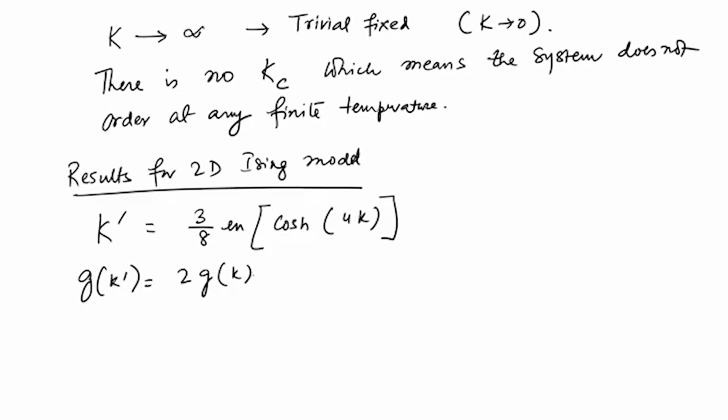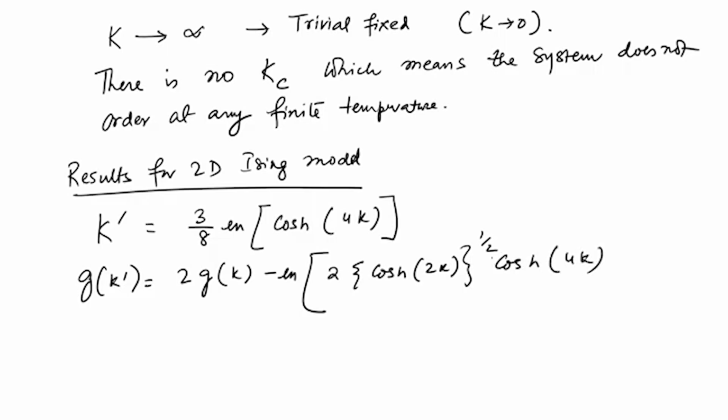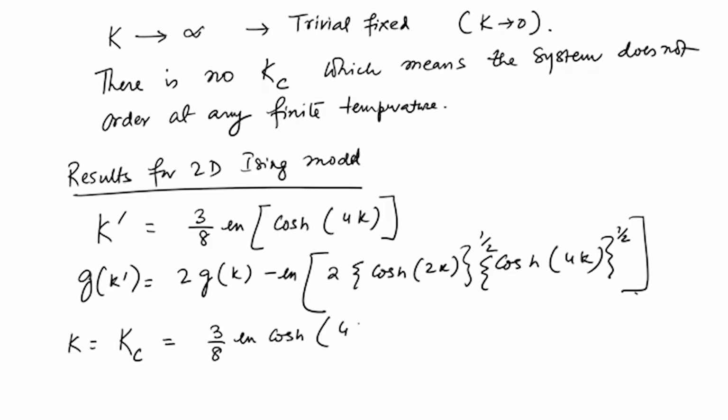The flow equations are like that, log of 2 cosh 2k to the power half, cosh 4k to the power half, and so the fixed point is obtained at k equal to some kc, which is equal to 3 by 8 log of cosh of 4 kc, which is from the original problem.